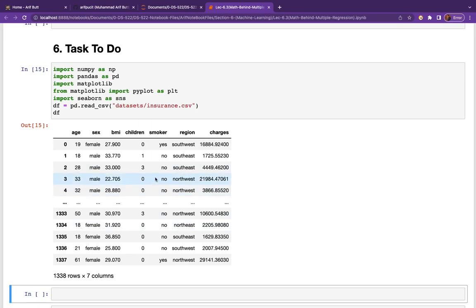My dear friends, for this data set, you may have to do a little bit of data pre-processing as well. As you all know, machine learning algorithms cannot work with categorical data directly. Over here you can see the categorical data under the sex column, male and female, under the smoker column, yes and no, and under the region column as well.